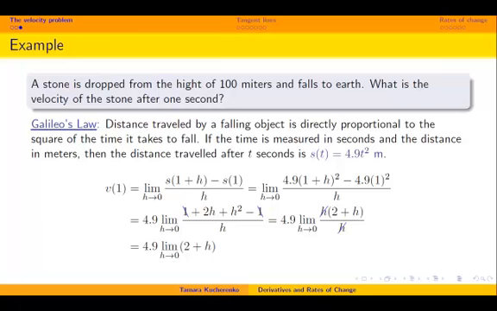We compute this limit by simply substituting 0 for h and obtain 4.9 times 2 equals 9.8 meters per second. Therefore, the velocity of the stone after 1 second is 9.8 meters per second.